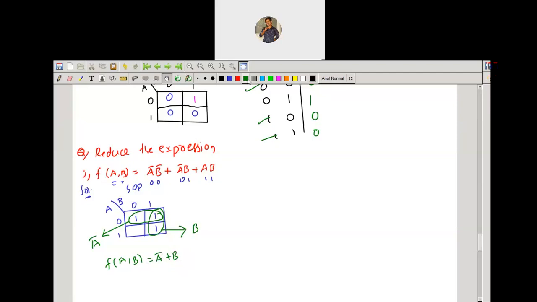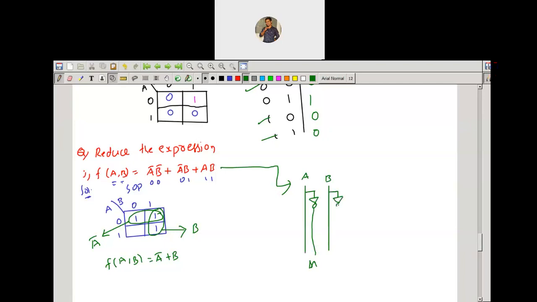Or else let me show it here. Let me take A and B as input variables, the input selection lines. First you need A bar B bar, so let me take one more selection line with the NOT gate, that is the A bar selection line, and similarly for B bar.